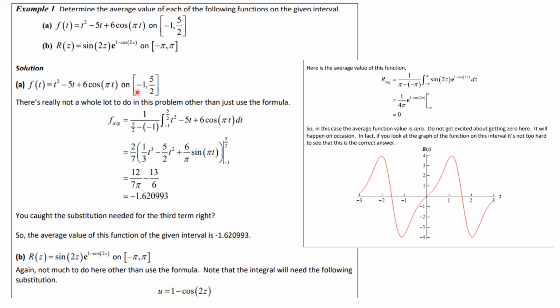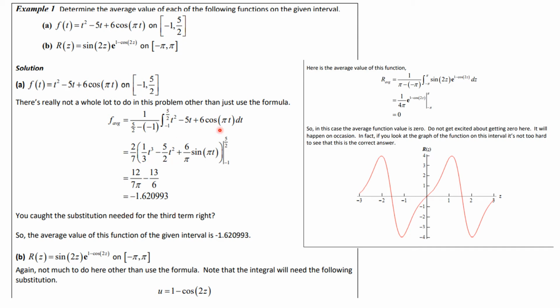Okay, so there's not much to do on this. This is 1 over b minus a, and I'm integrating from -1 to 5/2 of t squared minus 5t plus 6 times cosine pi t dt. Now this is going to be 1 over 7/2, which is 2 over 7. But then I perform the integral. I add 1 to the exponent and divide by the new exponent.